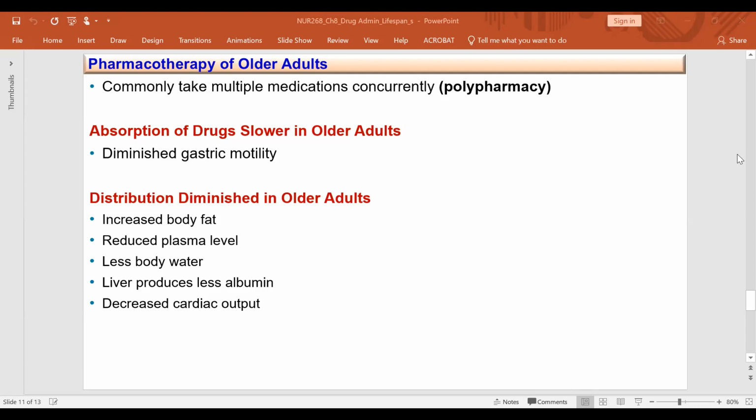So the average dose may not be safe or effective for the older adult patient as it is in the younger population. And we mentioned some of the physiological changes related to aging. The anatomic and physiological changes associated with aging may alter the patient's response to medications.